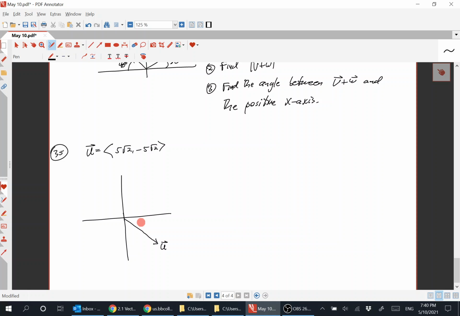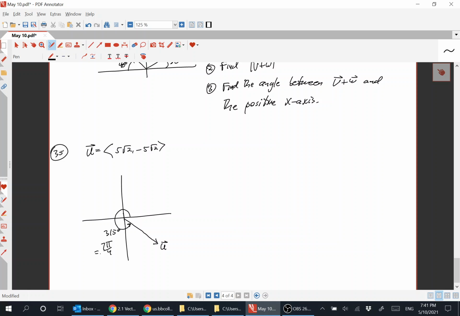So this angle here is 360 minus 45, 315 degrees, which is 1, 2, 3, 4, 5, 6, 7, 7 pi over 4 radians.